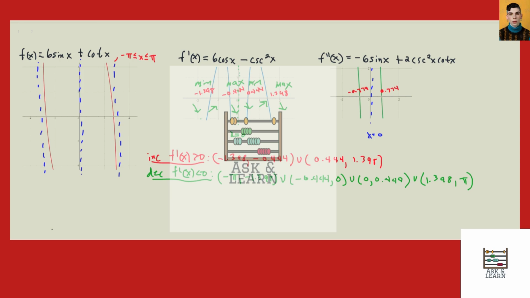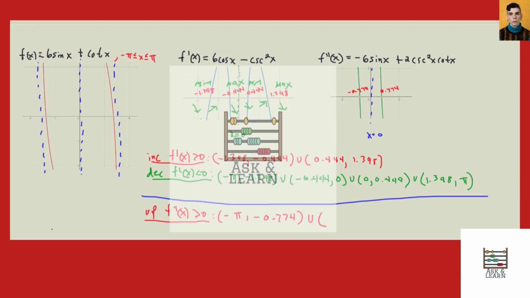All right, now that we have that, we can go ahead and look for where our function is concave up and concave down. So remember, it will be concave up when f double prime is strictly larger than 0. So we're going to start from negative pi, and we're going to go until we hit our first intercept, which is negative 0.774.